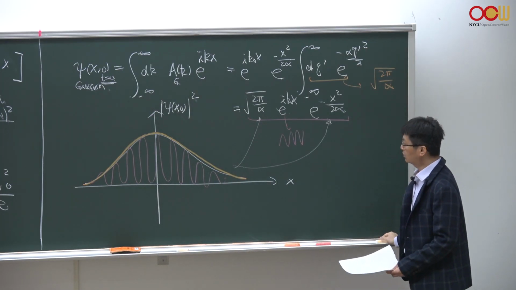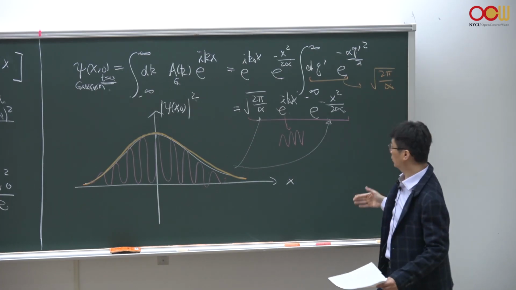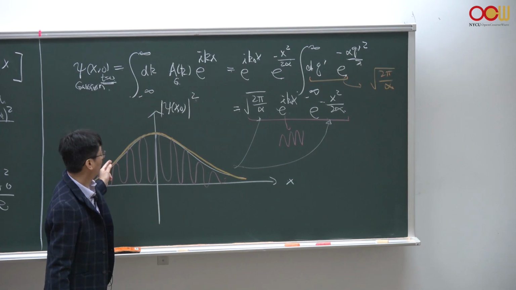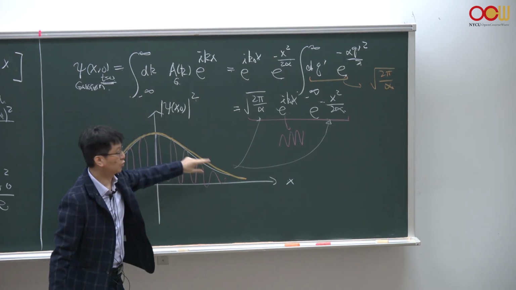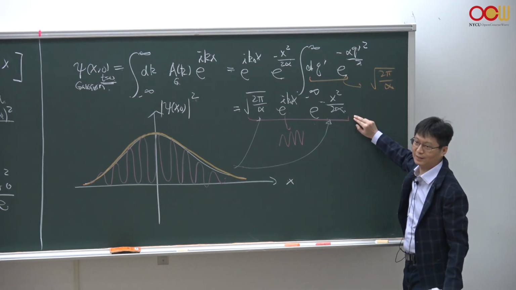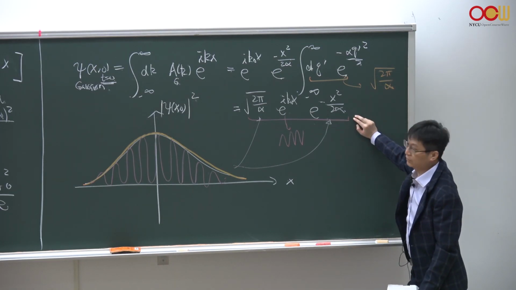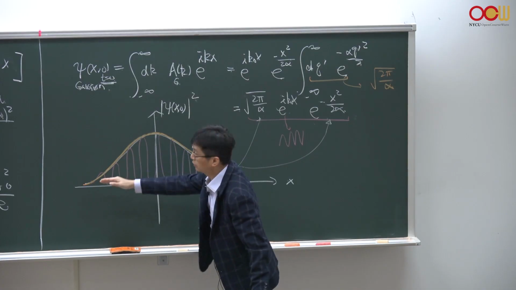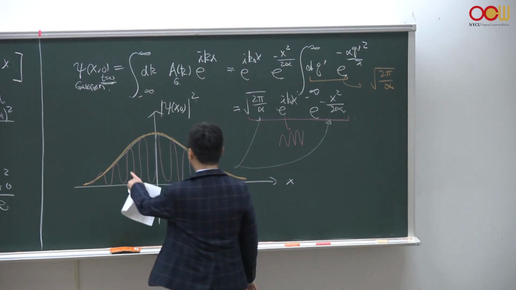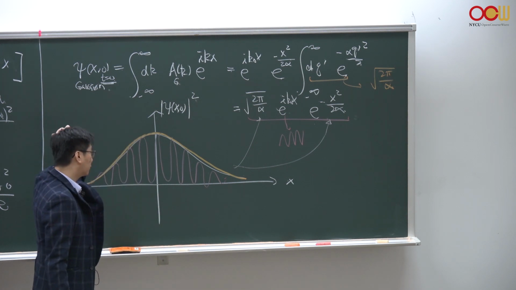Okay, so you could still see this kind of broad distribution of the square of this wave function at time equals 0, and the reason there's a broad distribution is because of the Gaussian form of the wave packet. And this is the probability distribution of this quantum particle in real space, which tells you the probability to find this particle.